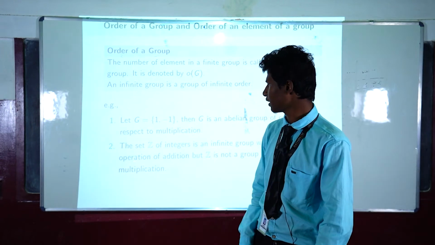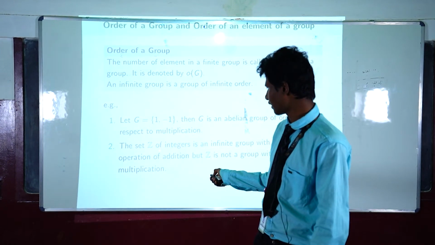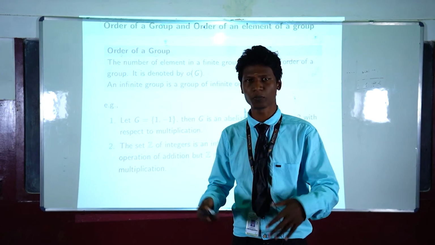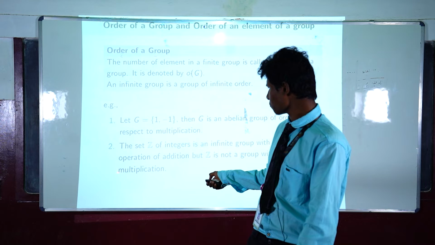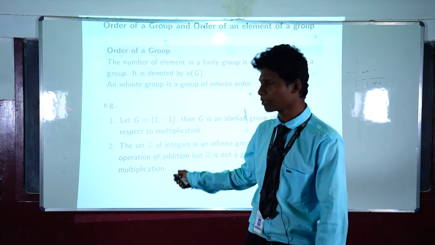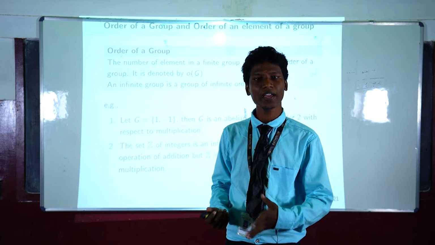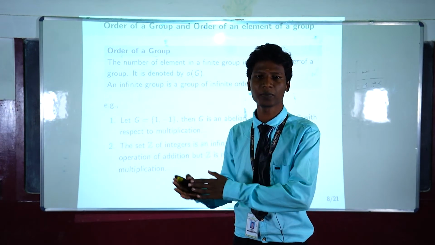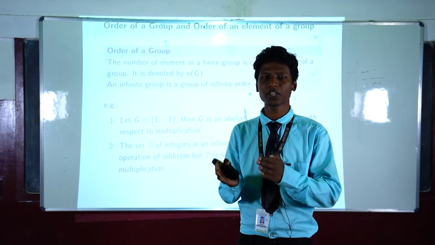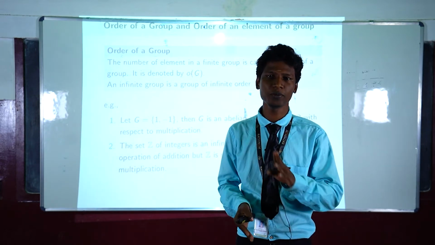Now the second example: the set Z of integers is an infinite group, but with respect to the operation of addition only. Z under multiplication is not a group. Why? Under addition, the identity element is 0.